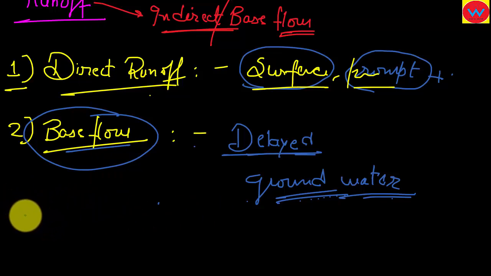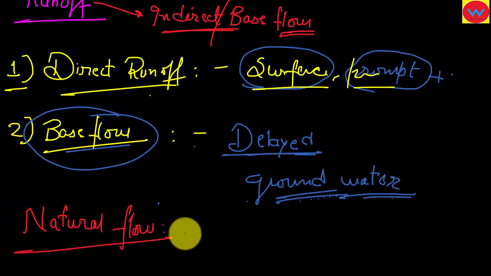So next we look at a concept which is called natural flow. What happens is that there is no man-made structure, or there is no diversion work on a river or in its catchment basin or in any channel, then runoff will represent the basin characteristics or catchment, and everything else will contribute to the runoff. So we can get an idea about the catchment, its size, or rainfall characteristics.